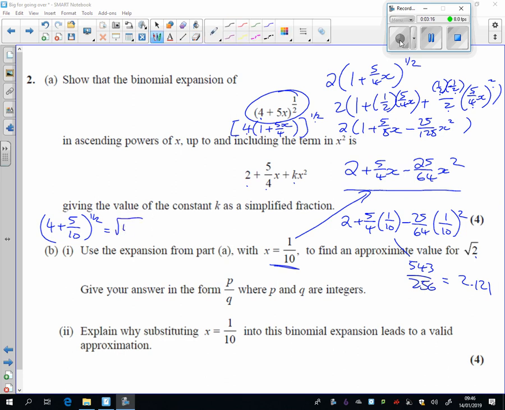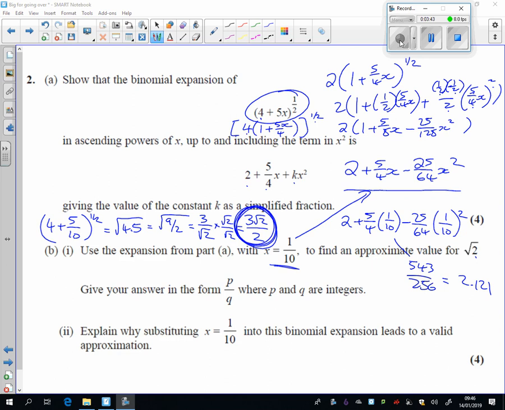That's the square root of 4.5. Square root of 4.5, so I've got the square root of 9 over 2, which is 3 over root 2. Still not quite helpful, so what I'm going to do is rationalise that denominator. So that gives me 3 root 2 over 2.